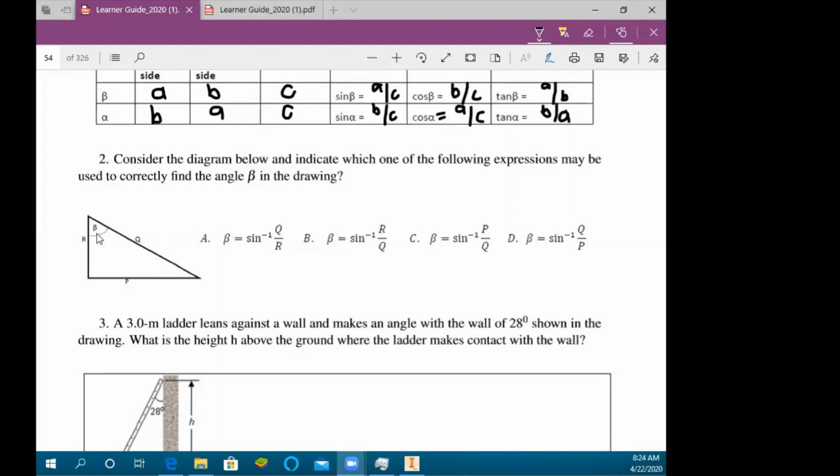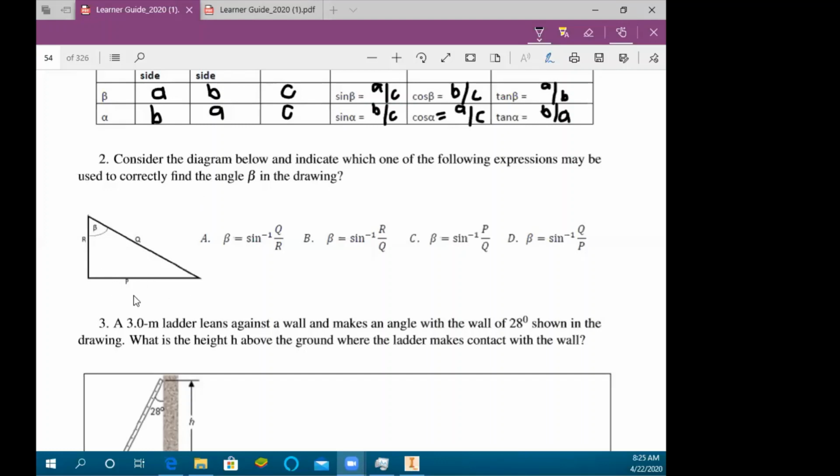In this case we have x sine q over r, x sine r over q, x sine p over q, and x sine q over p. But we know that sine beta, according to the definition that we gave, sine is the opposite over the hypotenuse.